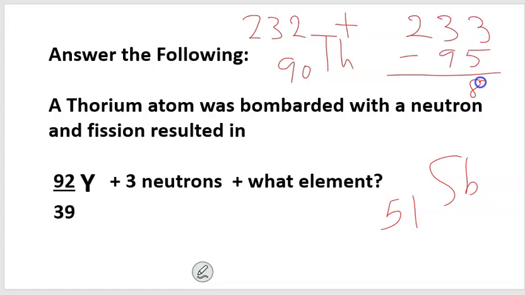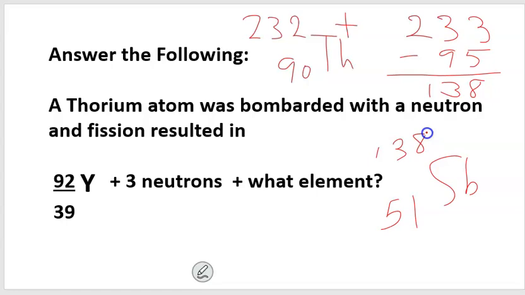So what do I have here? I have 138 atomic mass units. So I'm going to have antimony with 51 protons and a total atomic mass of 138 atomic mass units.